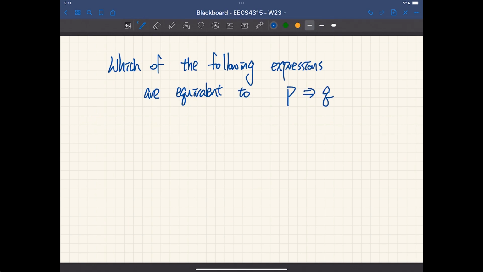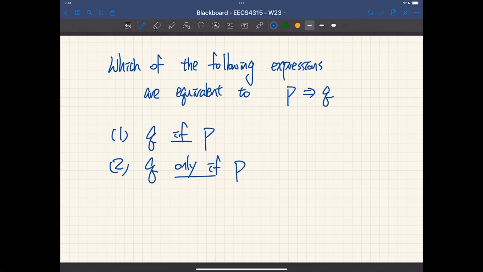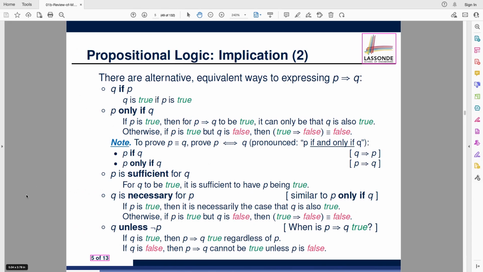For example, here I might say Q if P. I might give you, let's say, only two choices, and then I say Q only if P. But if you look back over here, you can see it should be P only if Q. I swapped the order.